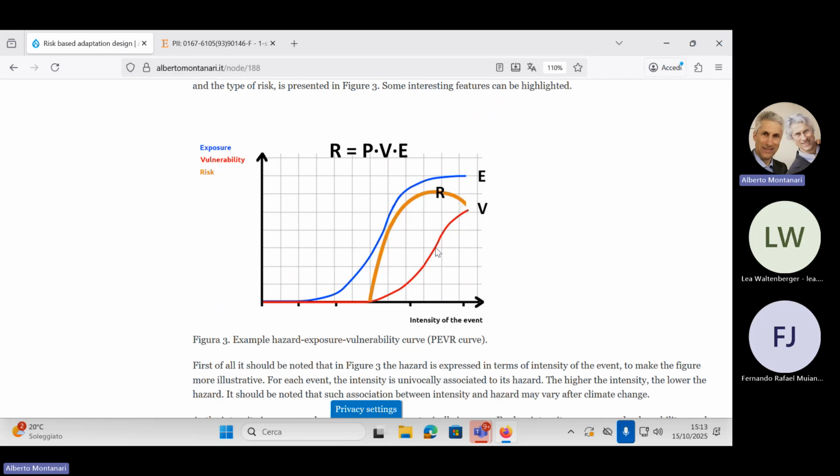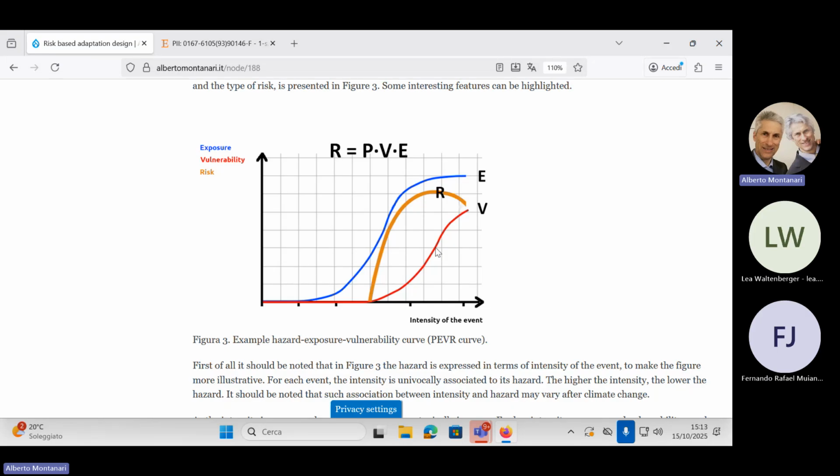You could put there also, instead of intensity, return period or probability. The intensity is increasing for increasing return period. So the substitution of the intensity with the return period is very easy. You just remove intensity and put a capital T here, okay, and the graph remains valid.